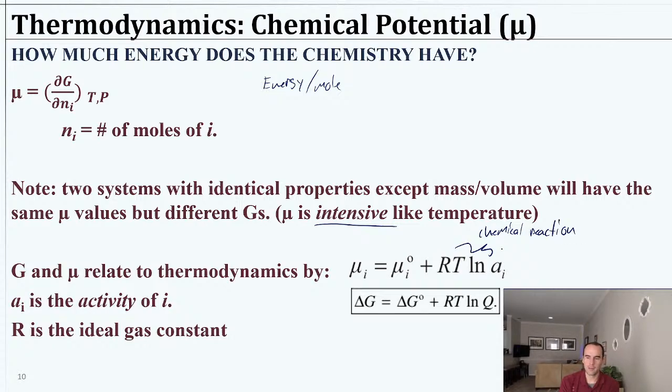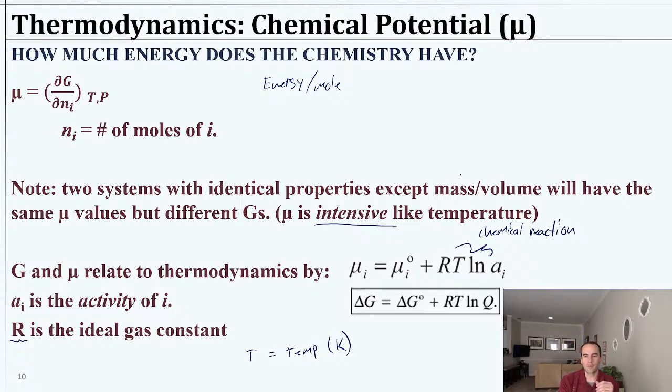And we need to dive into that a little bit. What we see, first of all, is R is the ideal gas constant. Talked about that already. T, of course, is temperature, if that wasn't obvious. Should be in kelvins. And then the natural log of A, this is the activity of I, so we need to talk about activity, but essentially that's going to be the concentration of I under ideal conditions.